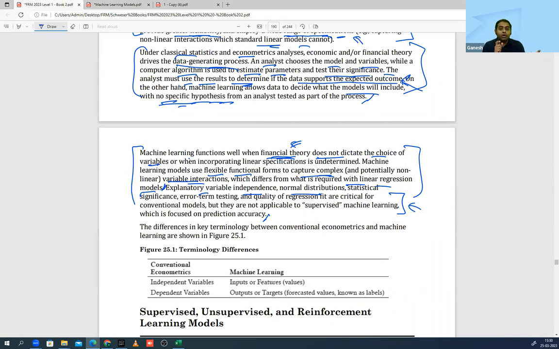So you have to make a lot of adjustments when you're doing a conventional model. In machine learning, the focus is only on prediction, whether the final outcome that we are getting is very good or not. Okay, I'm taking a pause over here. Read till this section and then we'll move ahead.